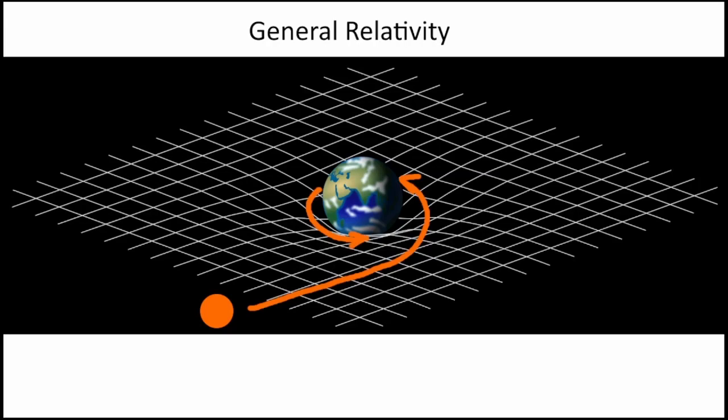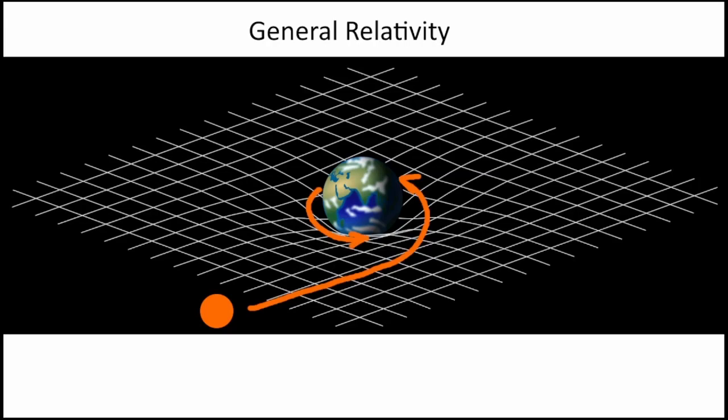Once we place an object on it, the cloth is sure to bend. This is general relativity and essentially gravity. Now, if we try to make an object cross the cloth through the bend, it will curve around the larger object, right? This is how gravity works.